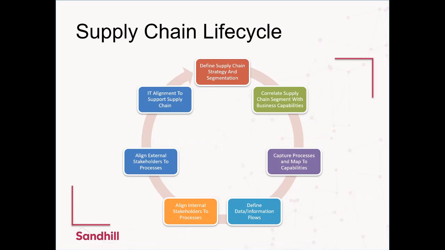Yeah. But once we've got that high-level strategy in there, we need to understand what capabilities the business already has and how those business capabilities can deliver on the promises for that particular supply chain in there. And so we need to understand how we can execute the supply chain in there. The next step in here is to capture the business processes and map those back to the capabilities.